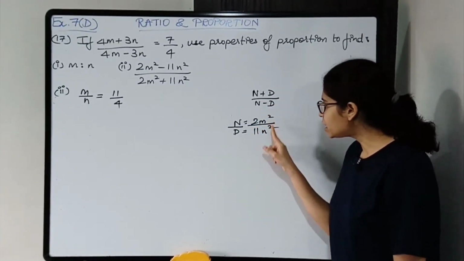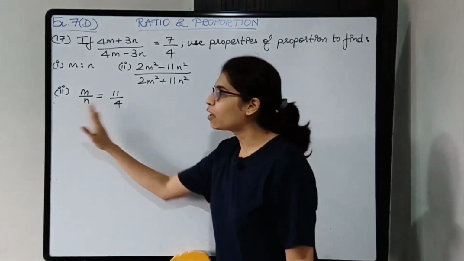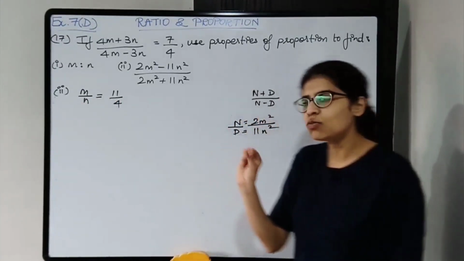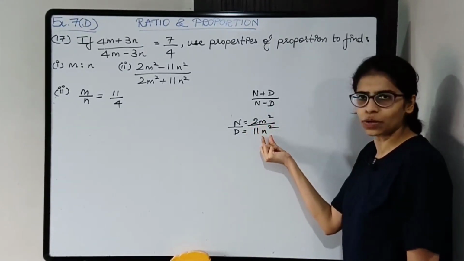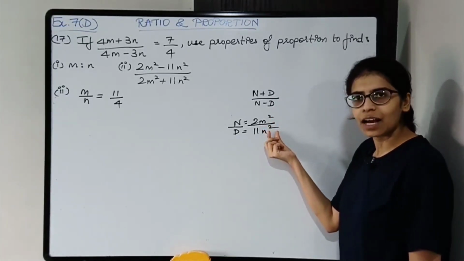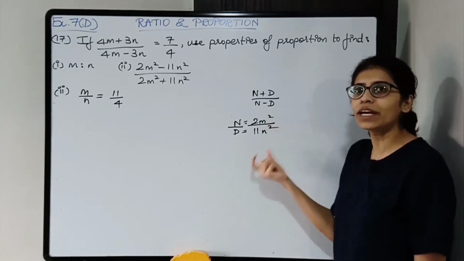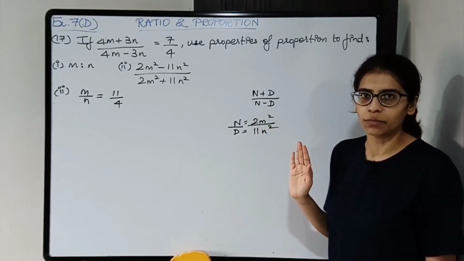Now I need square. So what we'll do? First we'll square on both the sides. Whenever you have some coefficient and there is m square, n square, x square, y square, a square, b square, whatever, but square hai or cube hai, what will you do? You will square or cube first, and then you will multiply by the respective number.